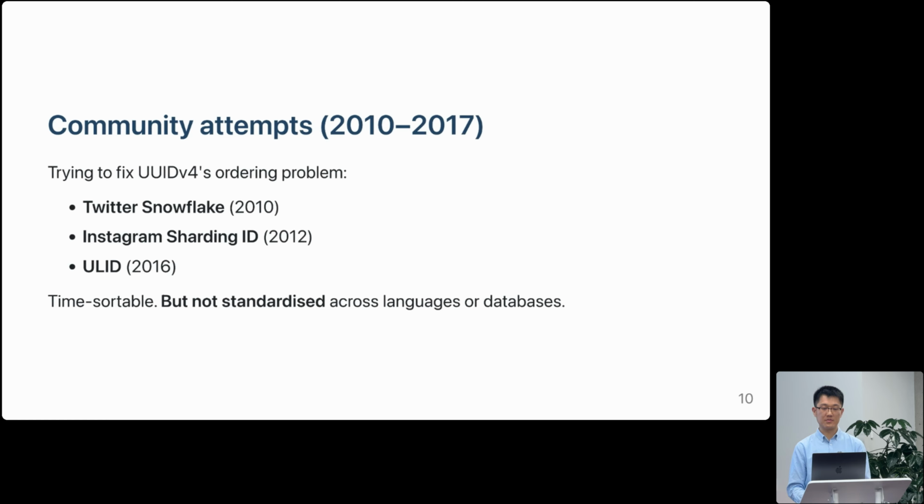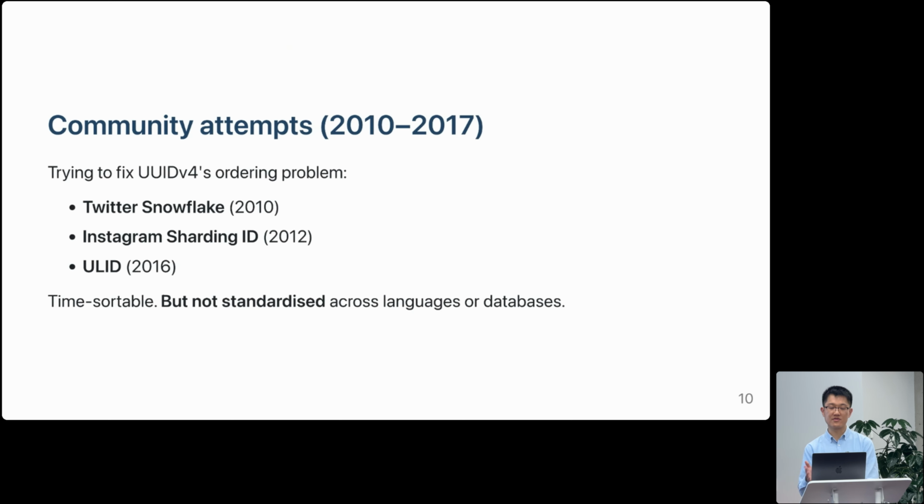Prior to version 7, everyone recognized that there was a problem with UUID v4. It was really hurting databases. So Twitter had its Snowflake ID convention, Instagram had their own, and there was an open source UUID-compatible system that was actually quite nice.